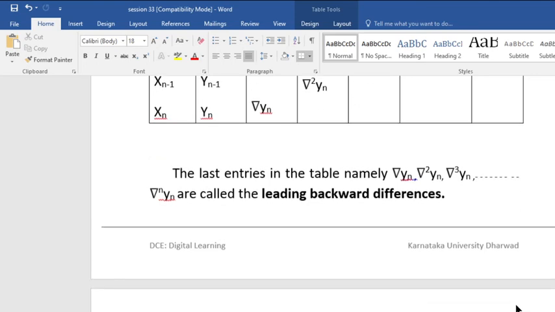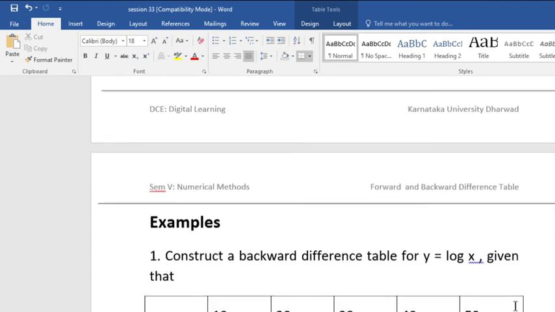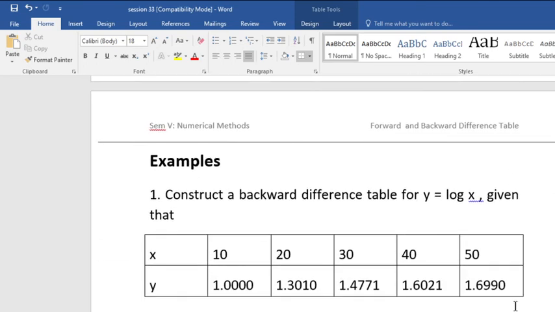Now we shall have an example for the construction of a backward difference table. Construct a backward difference table for the function y is equal to log x, given that x is equal to 10, 20, 30, 40 and 50, with the corresponding y values.